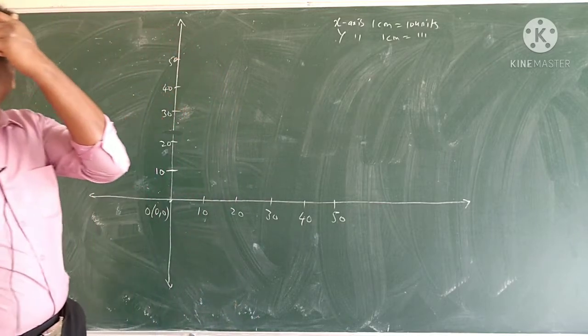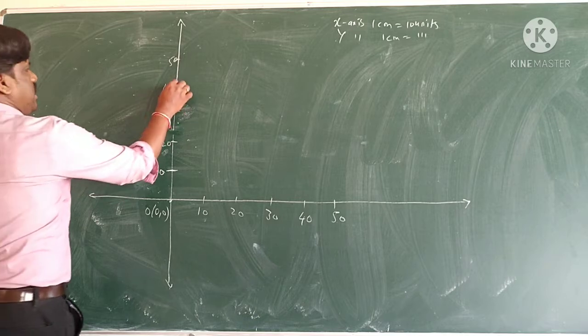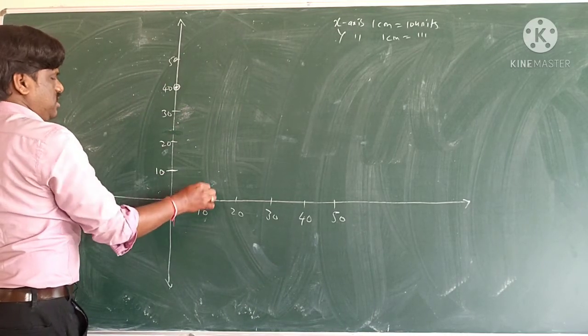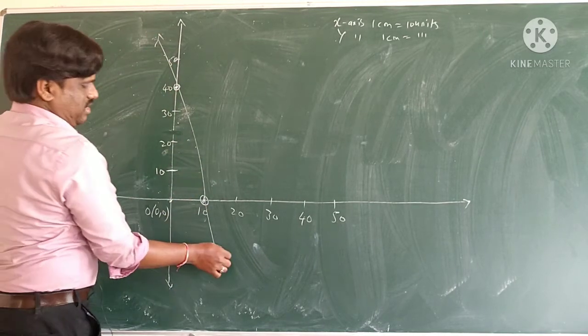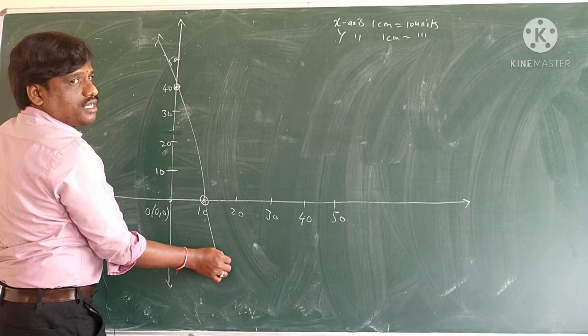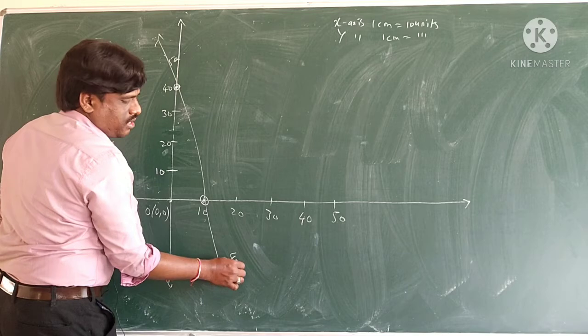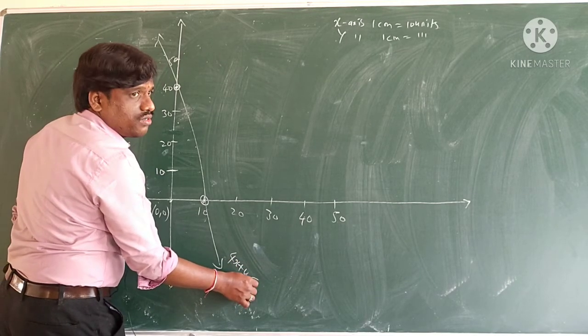Right, tell me the first point: 0 comma 40. Next 10 comma 0. So this is the first line. We can draw the line like this. The name of this line is 4x plus y less than or equal to 40.